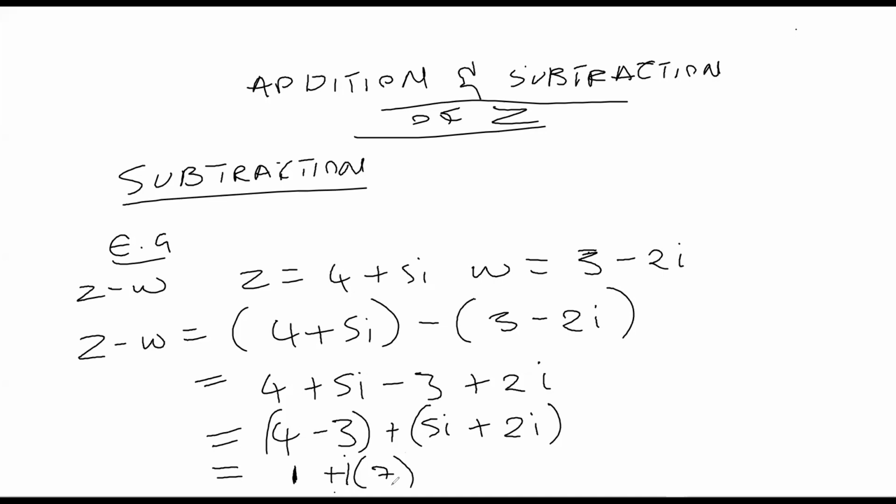So our final answer is going to be 1 plus 7i. This is how we can do it, and I think this is a much simpler way that can help us understand how the subtraction of complex numbers works.